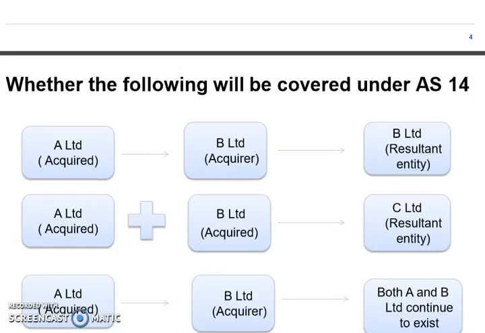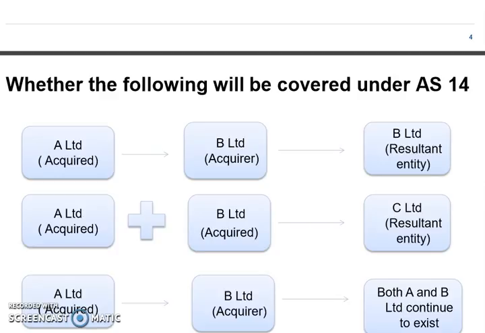In the example, if we see the first case, A Limited is acquired by B Limited. Now there are two words which have been used: acquired and acquirer. The acquirer is the company which would acquire the other company. So in this case, B Limited is the acquirer and A Limited is acquired by B Limited.